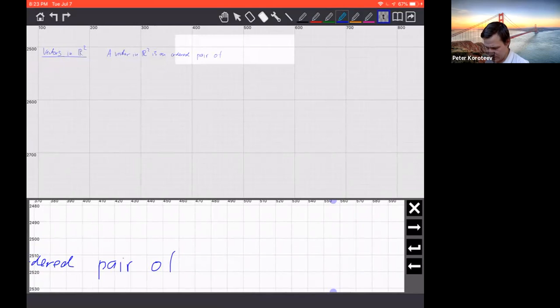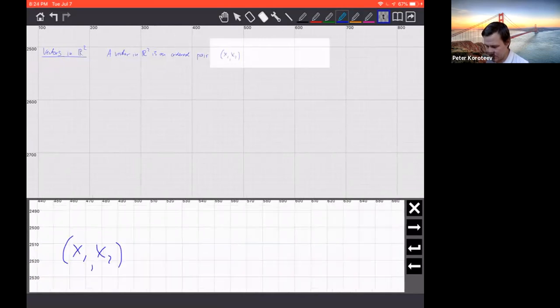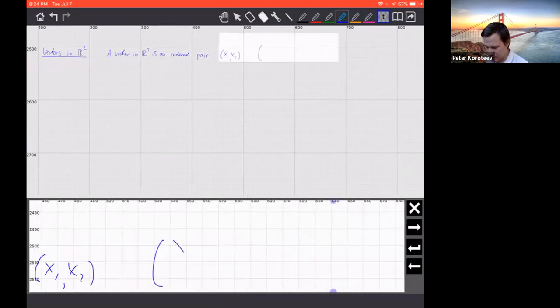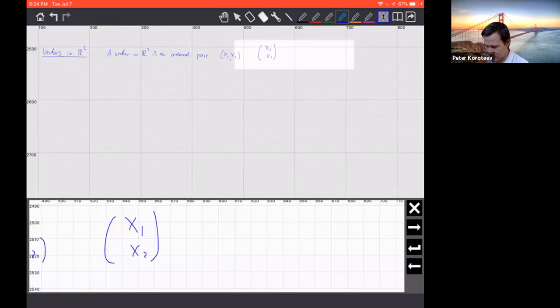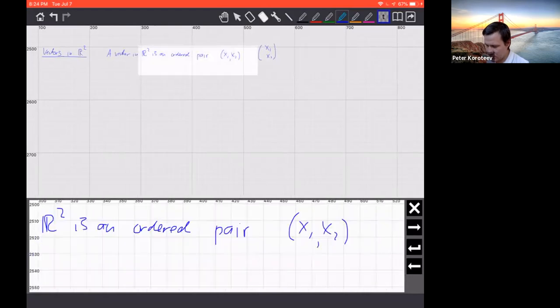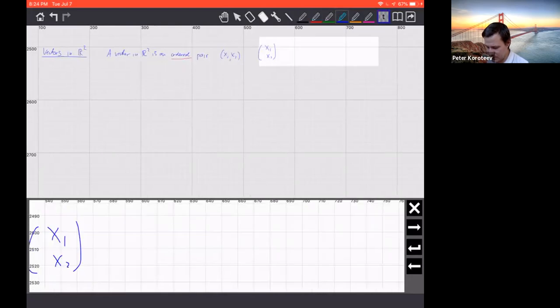An ordered pair, let's say x1 and x2. Here I draw it as a row, but in principle, you should write it as a column. It's an ordered pair, meaning that vector (x1, x2) is different from vector (x2, x1). So it's a different point.